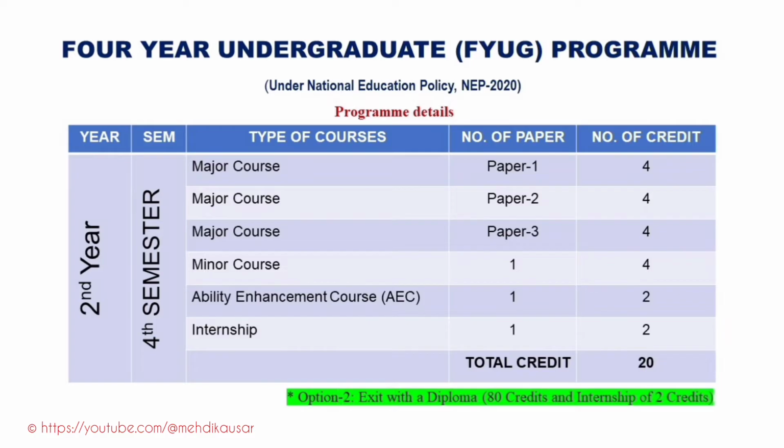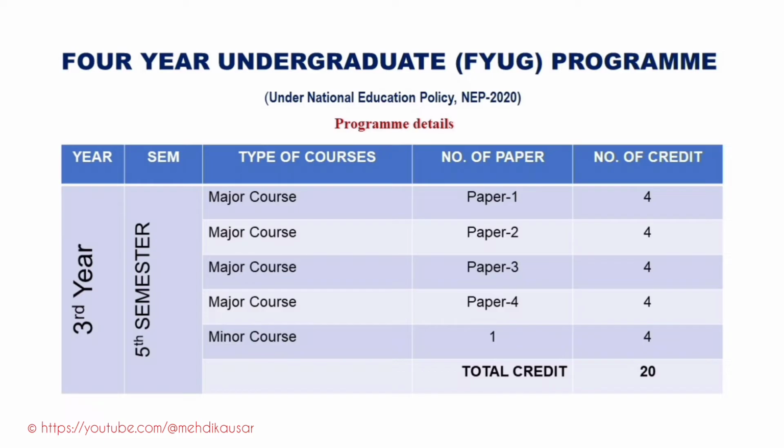The 3 papers from major course and 1 from minor course will have 4 credit. Paper from ability enhancement course will have 2 credit and the internship course will have 2 credit. So, in total you have 20 credits in 4th semester as well. After completing the 2nd year program of 4 semesters, a student may have the option to exit with UG diploma.